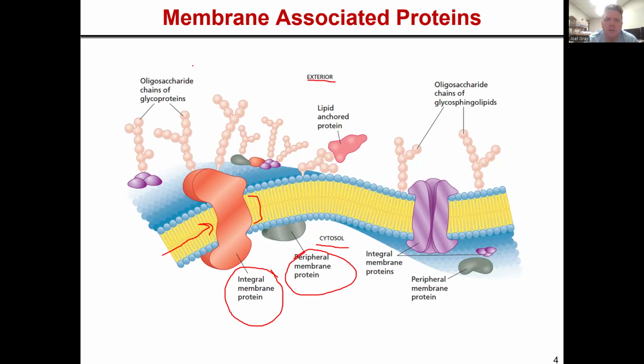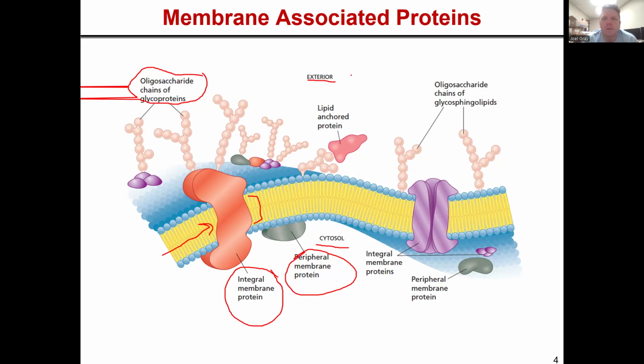Now, if we jump to the other side, what we've got are these oligosaccharide chains of glycoproteins. So these are proteins that have a sugar component, and that sugar is basically floating out there. It's almost like a bait of sorts, just floating out there waiting for something else to detect it.